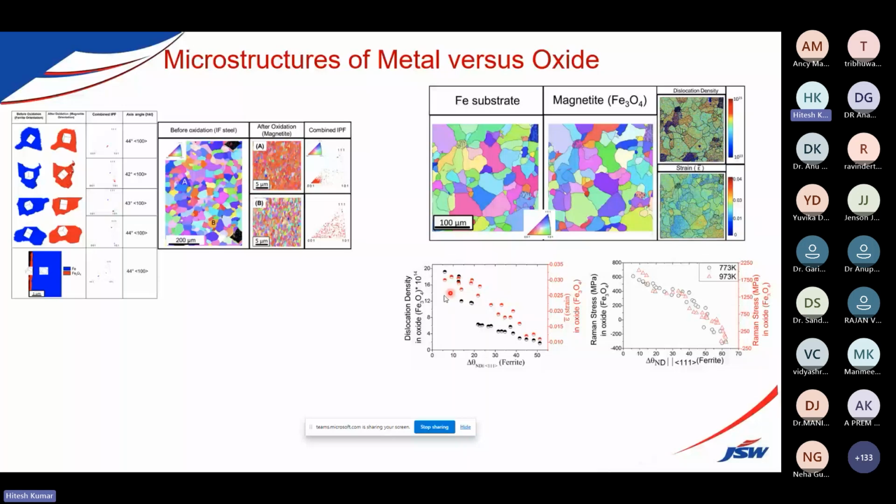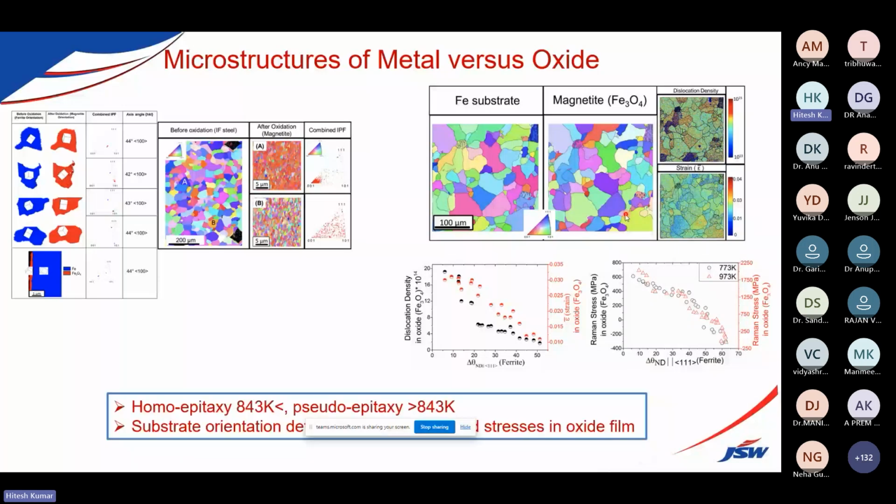Because of this reason, we are getting more oxide surface. This is also confirmed with the help of Raman stresses. Raman stresses are hydrostatic stresses, which are calculated with the help of the Raman peak deviation. To confirm that, we also tried one: there is homoepitaxy, and another, pseudoepitaxy, which is above 570, and the substrate orientation determines the dislocations and stresses in the oxide film, which is clear.